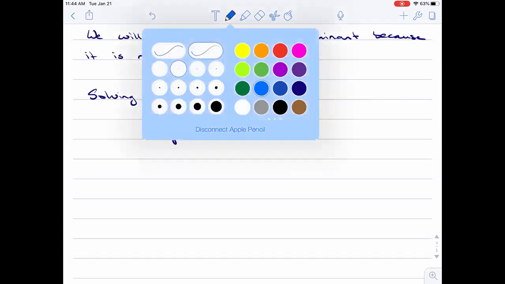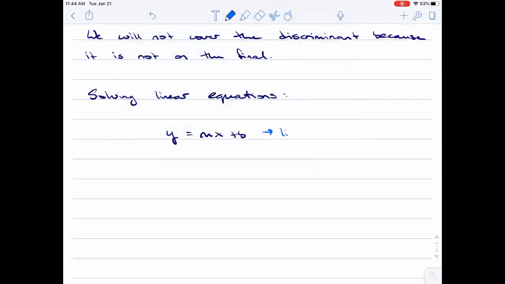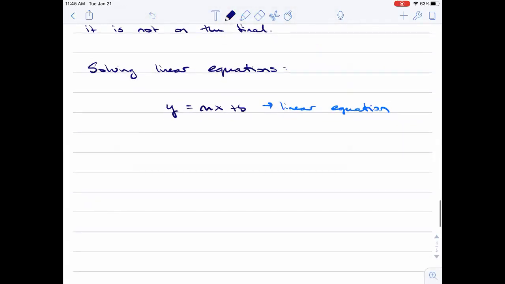This is a linear equation. Remember that whatever is attached to the x is the slope, and whatever's on its own is the y-intercept.